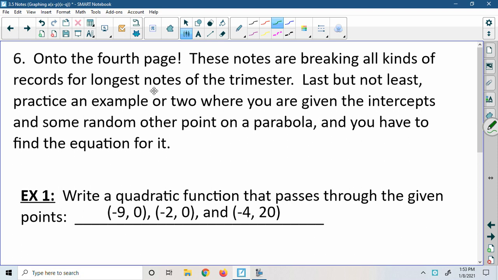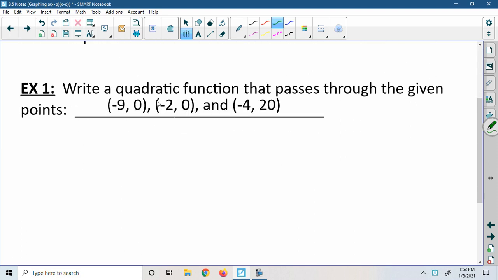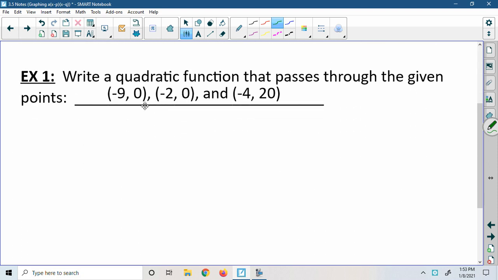Okay, so last but not least, we just need to practice one where we are given the two intercepts and a random point of the function, and then we need to find the equation for that function. What you're going to do is start out in intercept form, since we know the intercepts.